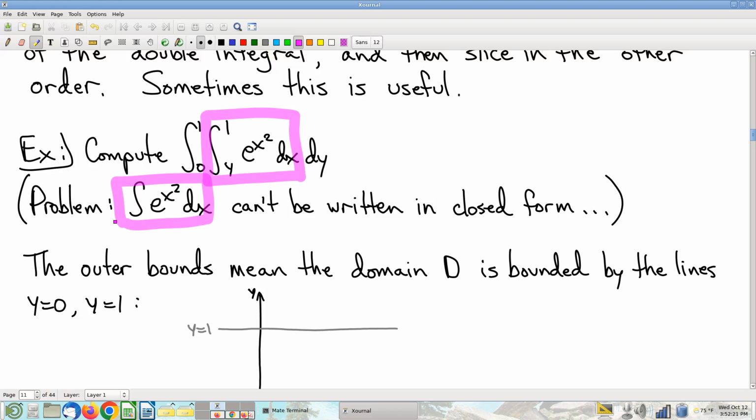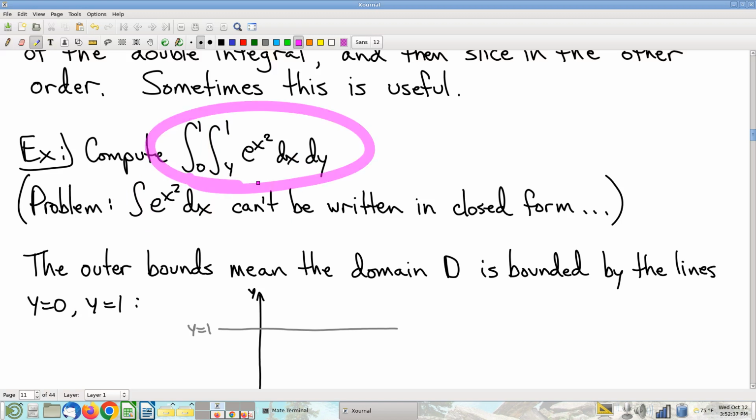And so you're dead in the water before you even get started trying to compute this iterated integral. Okay, so what are we going to do? Here's the big idea. Take the iterated integral you were given, reverse engineer what double integral it represents, and then slice that double integral in the other order. It's something to try.